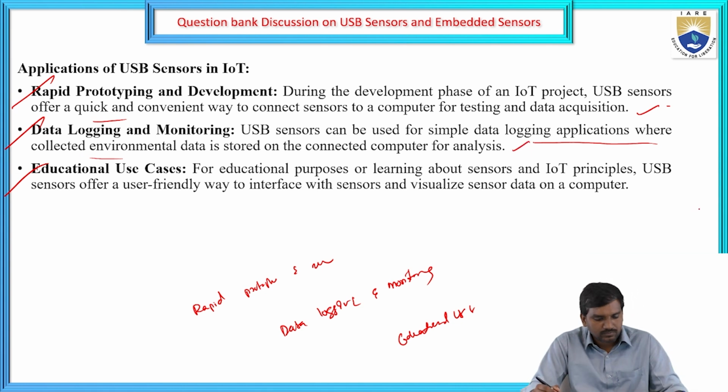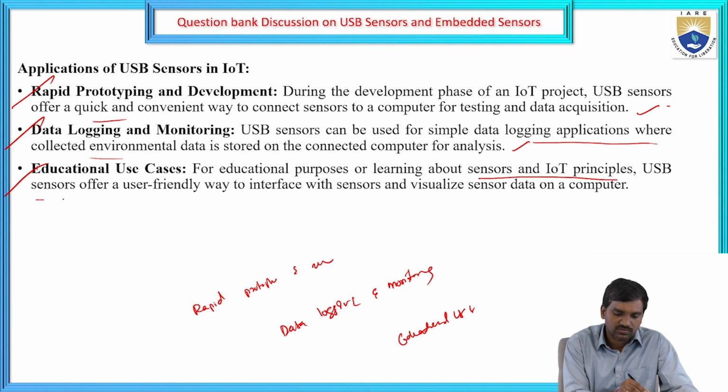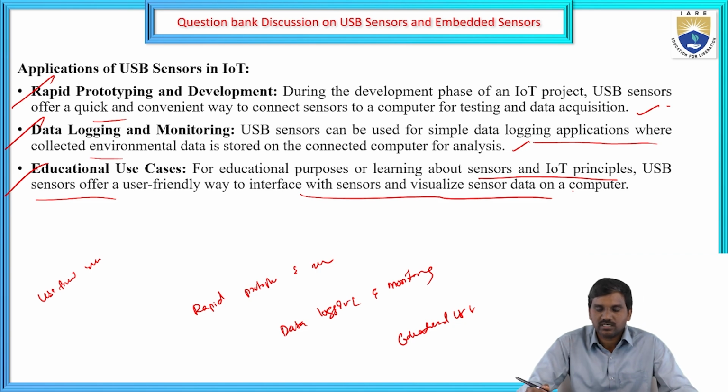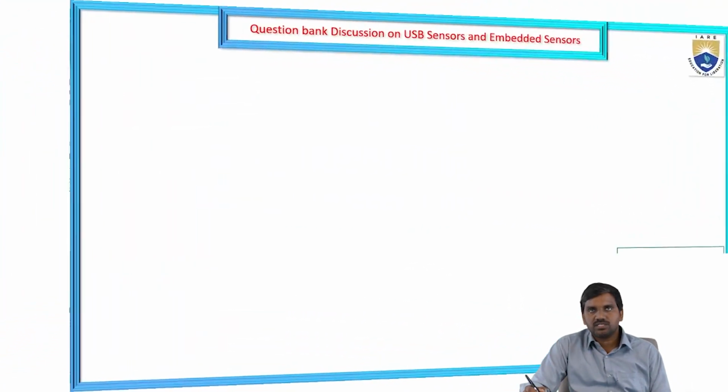The last one, educational use case: for educational purposes, to learn about sensors and IoT principles, USB sensors offer a user-friendly way to interface with sensors and visualize sensor data on a computer. So these are the main applications of USB sensors in IoT.